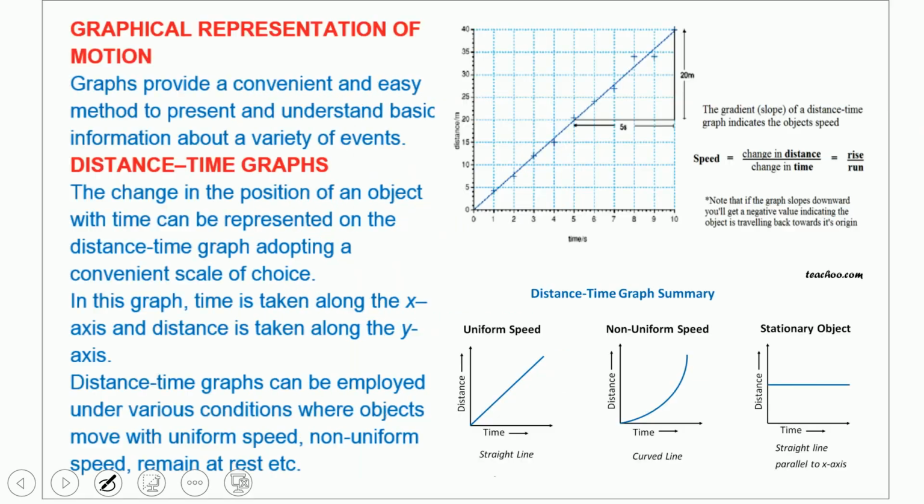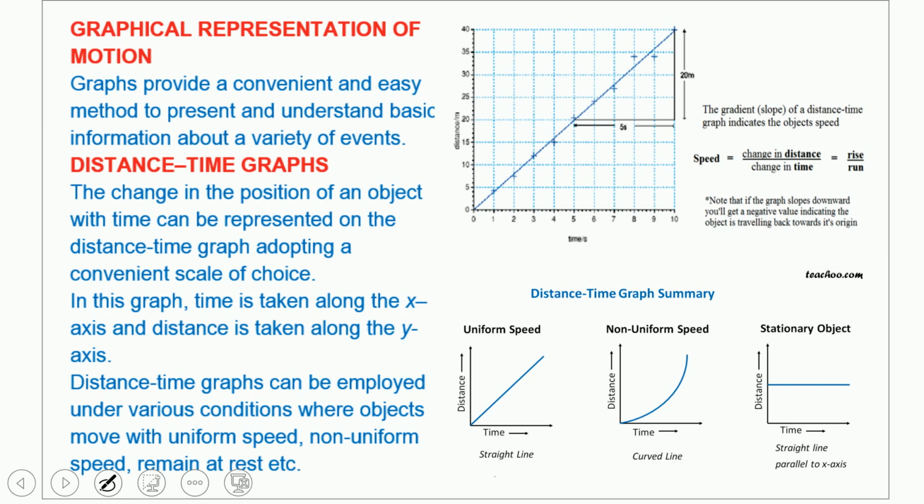Now let us move to the graphical representation of motion. I already told you that it is very important, especially for equations of motion. What is the other importance of graphical representation? It is easy to understand. For example, you are very familiar with and interested in cricket.